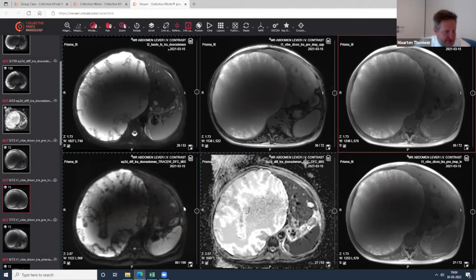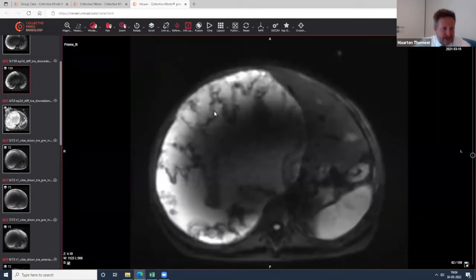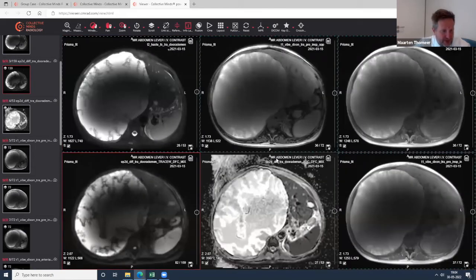Also, if you see the diffusion imaging here, there are also black lines, and I think this black line is susceptibility caused by blood. So I have more and more the impression this is a cyst with internal hemorrhages.